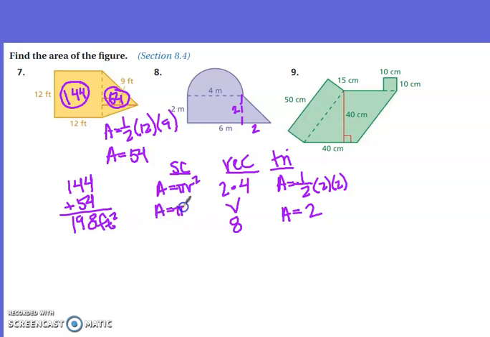We need to have the radius. Radius is 2. Two squared is 4, and 4 times 3.14 is 12.56. And now that I have all 3 parts, I'm going to add my parts together. 8 plus 2 is 10, plus 12.56 is 22.56 square meters.